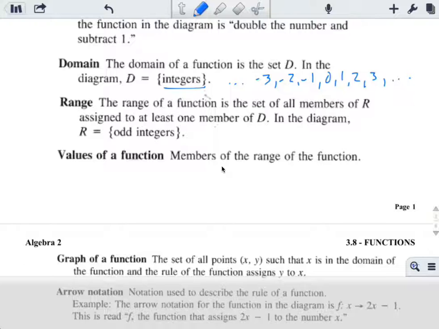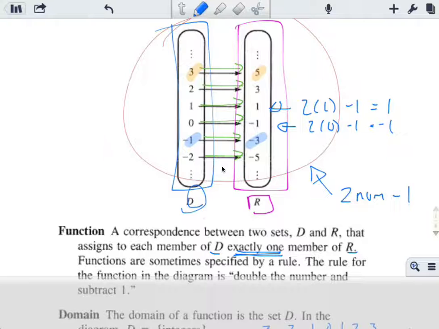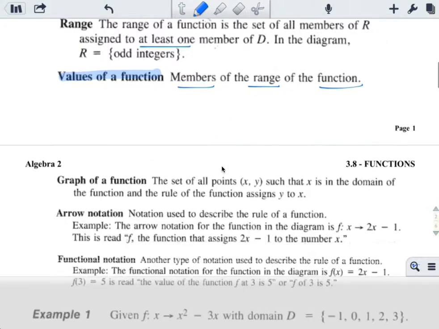The range of a function is the set of all members of R assigned to at least one member of the domain. The range above is the odd integers, 5, 3, 1, -1, -3, -5, and so on, the odd integers. The values of a function are the members of the range of the function.